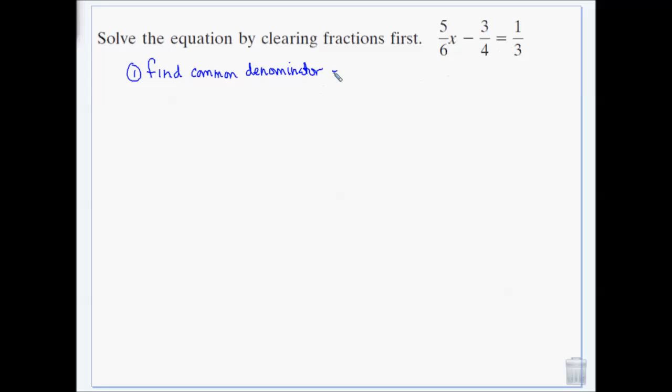So in this case, it's 12. Okay, so then I'm going to multiply every term by that common denominator. So I've got 5/6 x minus 3/4 equals, you'll notice I'm leaving space because I'm going to multiply them all by 12.